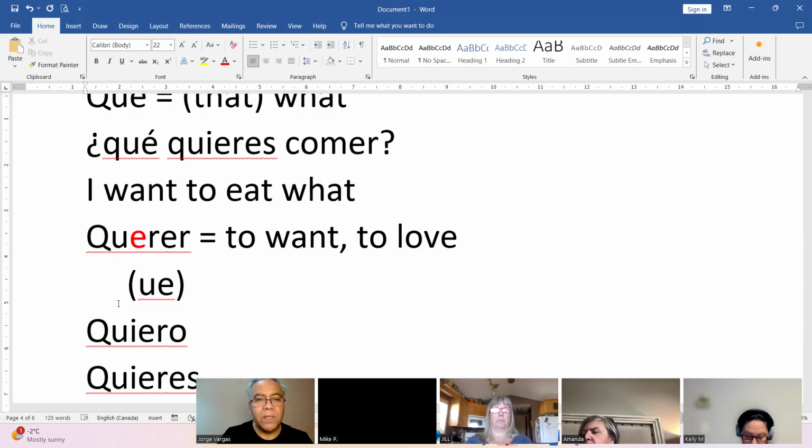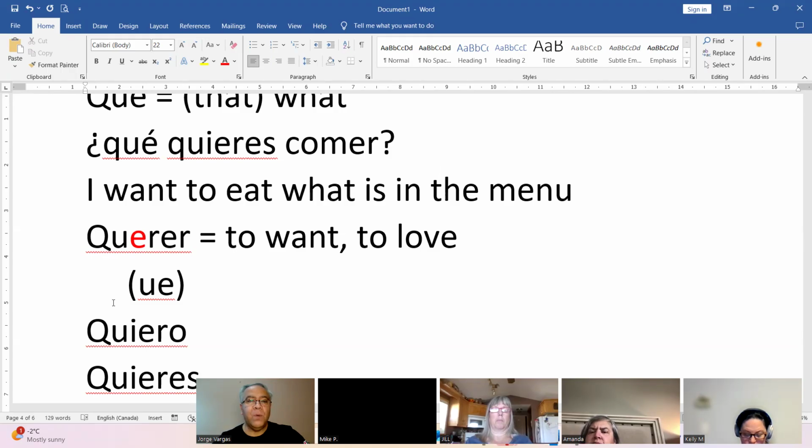Now this is my question, and please, you make a comment here. I want to eat what is in the menu. What is the difference between this what, what do you want to eat? ¿Qué quieres comer?